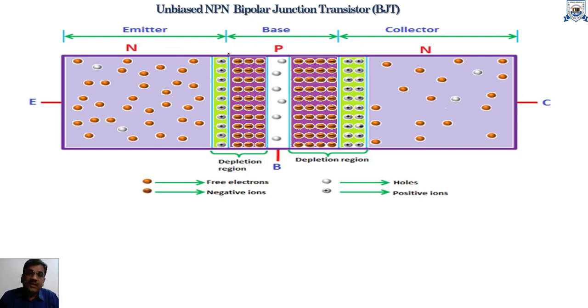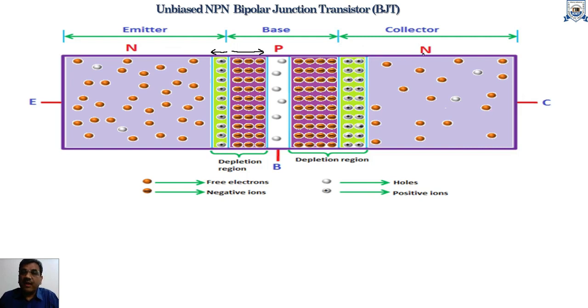Here it is seen that the penetration of the depletion layer towards the base side is wide. However, the penetration of the depletion layer towards the emitter side is less. This has happened due to the different doping concentrations of the emitter and base regions.